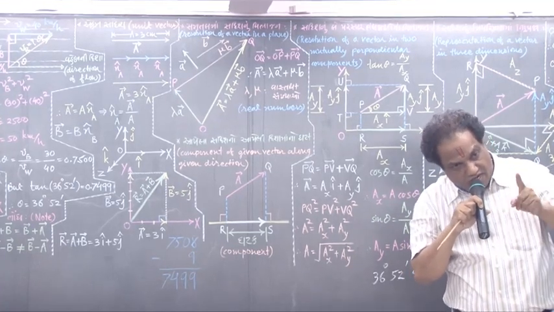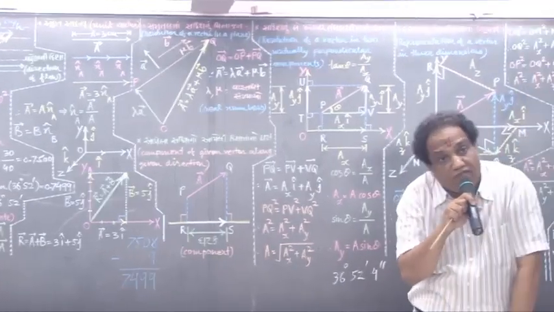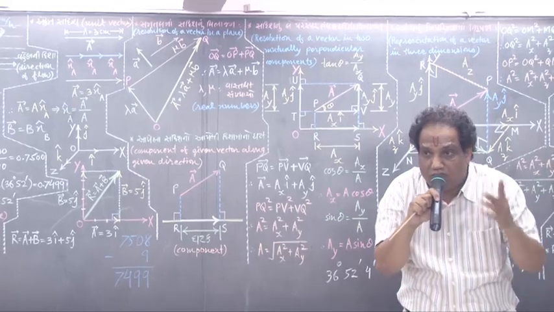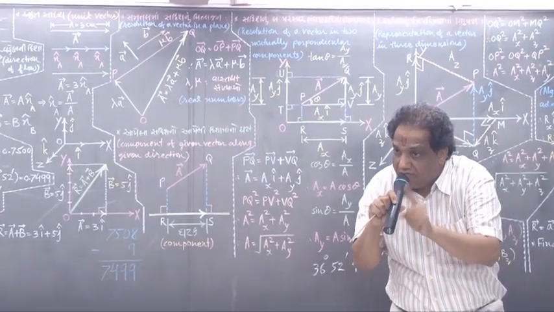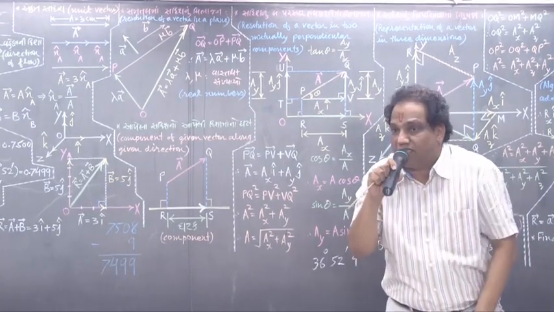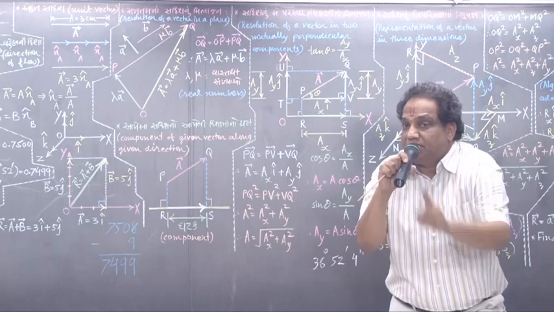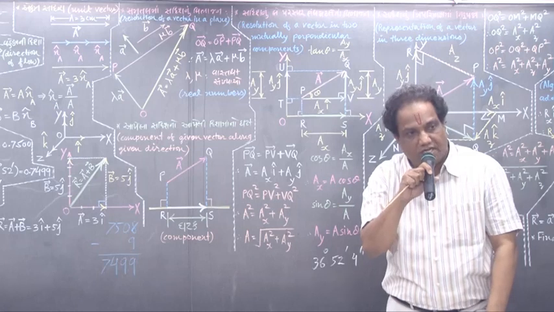Correct? One out of two. Now we are going to carry out the reverse process: two out of one. So obtaining two vectors in such a manner that their addition should be equal to the original vector. Such a process is called resolution. Correct?